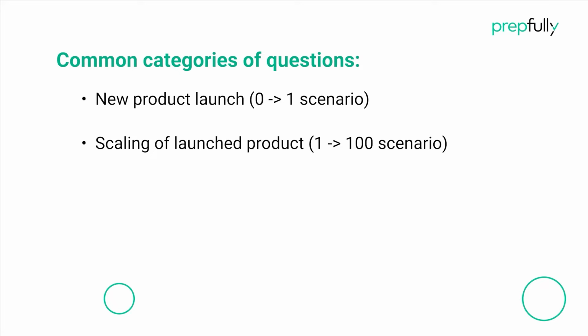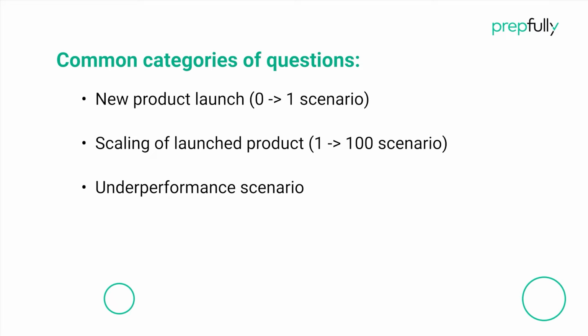So 1 to 100 kind of approach where we have a minimum viable product. We have initial signs of product market fit for a product perhaps, but now we have to scale this, right? So how would we use product expertise and obviously analytics methodologies to help the scaling stage of a product?